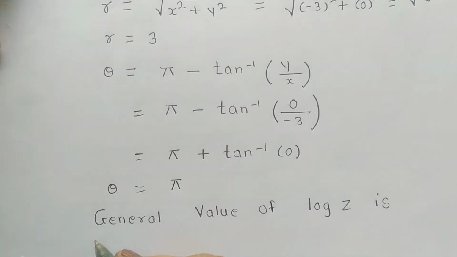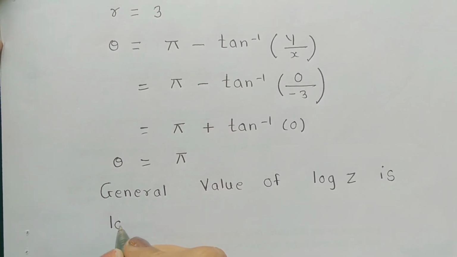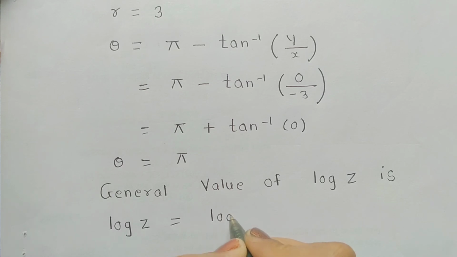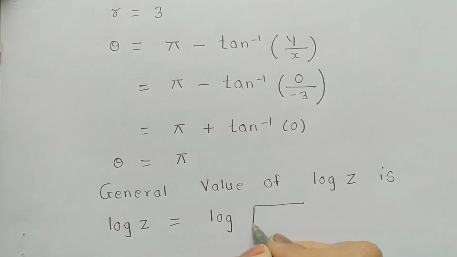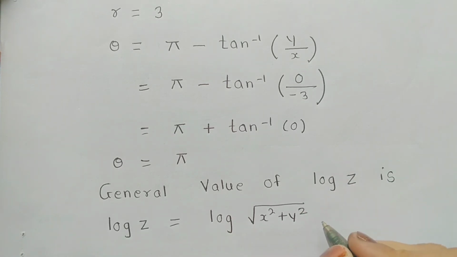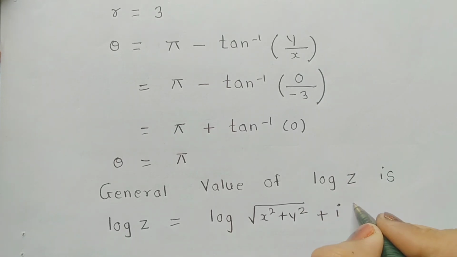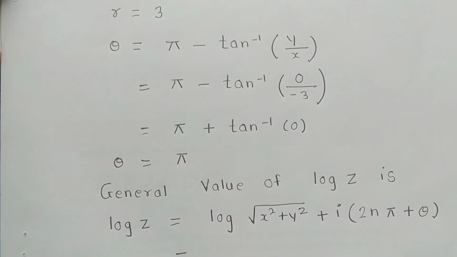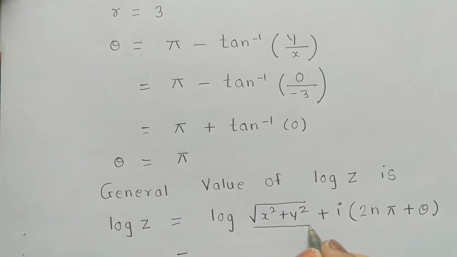So we first write down the result here. Log of z is equal to log of root x square plus y square, or simply write log of r plus i times 2n pi plus theta. Which is equal to, we already computed these values, so r is equal to 3 here.